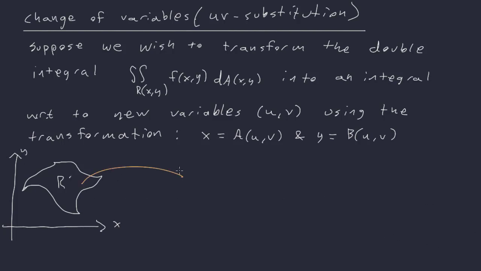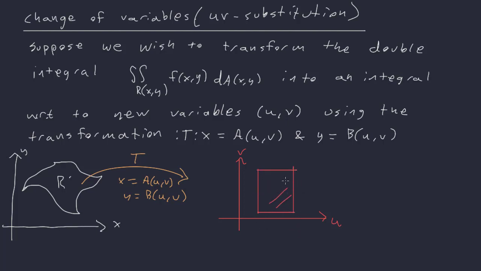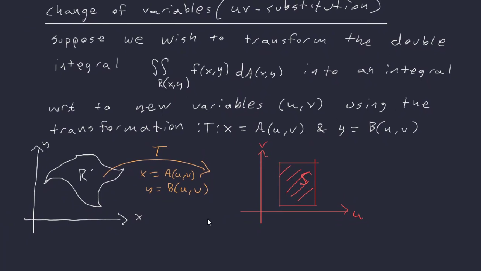But using a transformation, and typically we give it a name, say T, which is x equals a of u, v and y equals b of u, v, the hope is that it moves it into a new coordinate system, u comma v, and the region itself will be much simpler, say just a rectangle. So this would be, say, S.